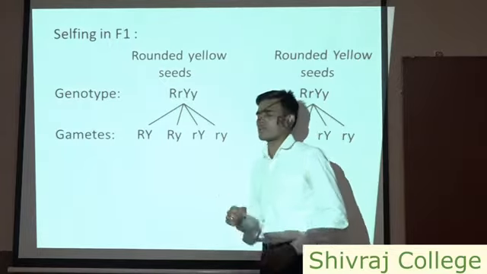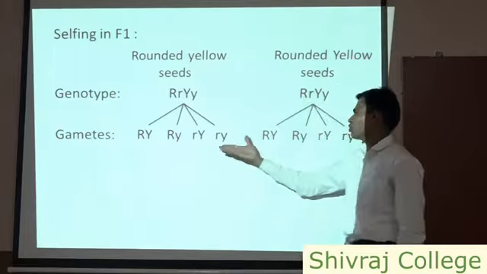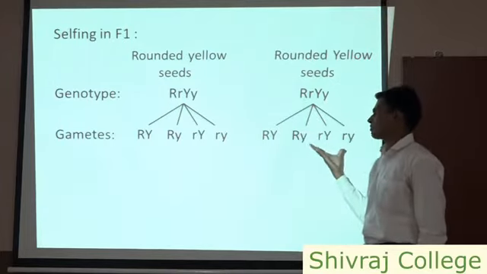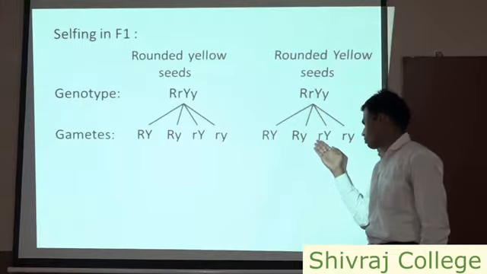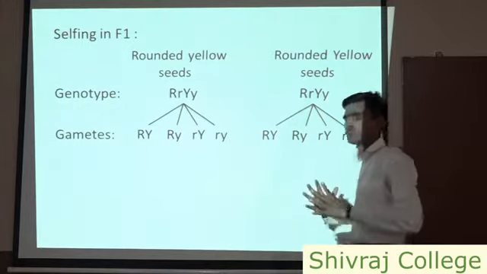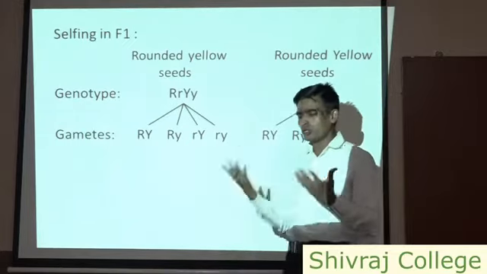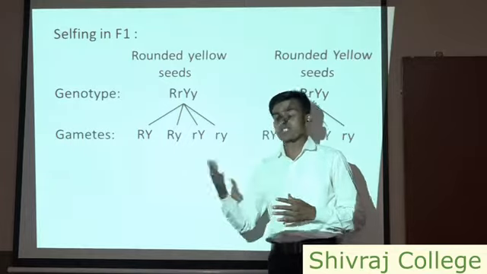These are the four different types of gametes: capital R capital Y, capital R small y, small r capital Y, and small r small y. The other plant has the same genotype, so its gametes are the same: capital R capital Y, capital R small y, small r capital Y, and small r small y. These are the four types of gametes formed during gametogenesis.